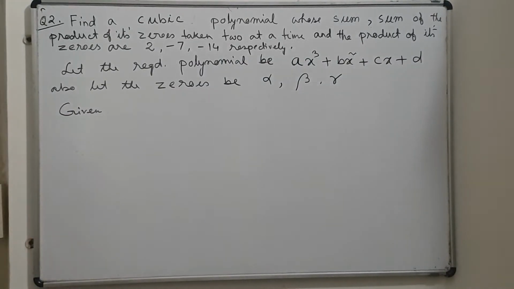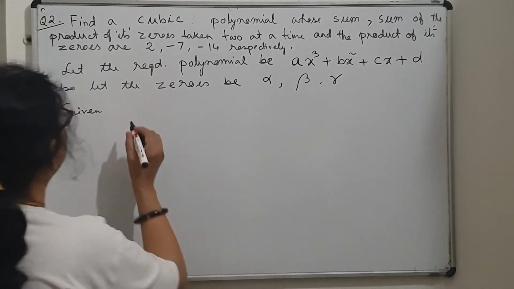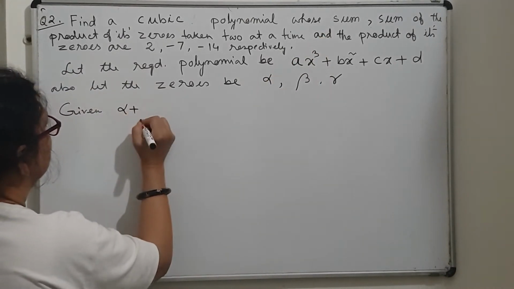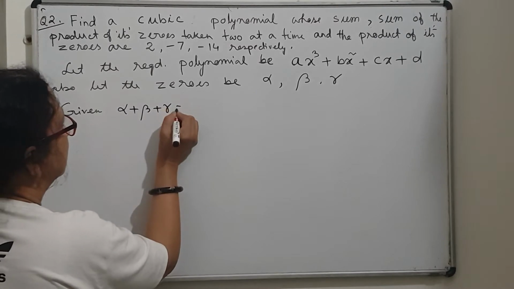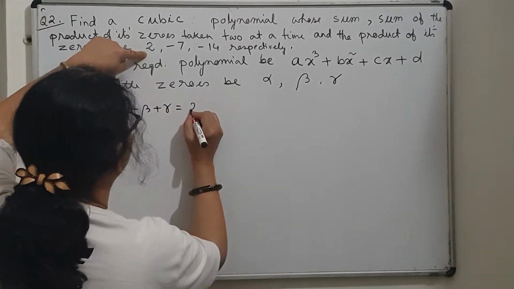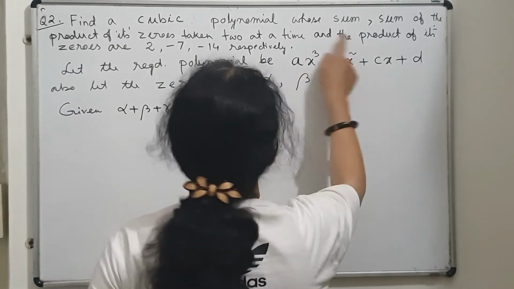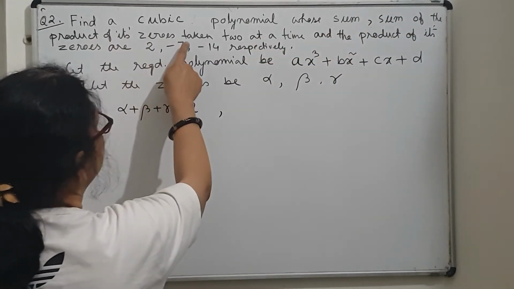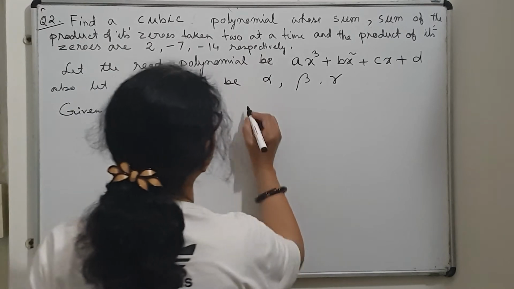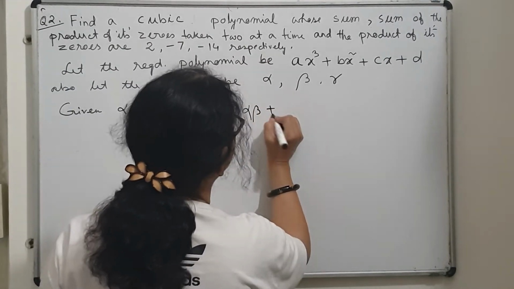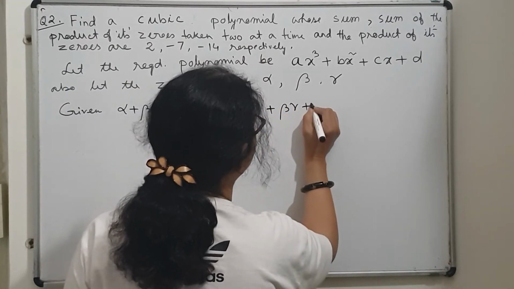Okay. So what is given? First, sum of the zeros, that is given is 2. Then next, sum of the product of its zeros taken two at a time. That means alpha beta plus beta gamma plus gamma alpha.